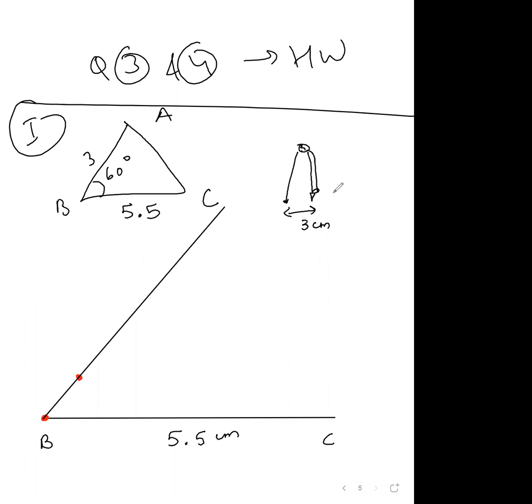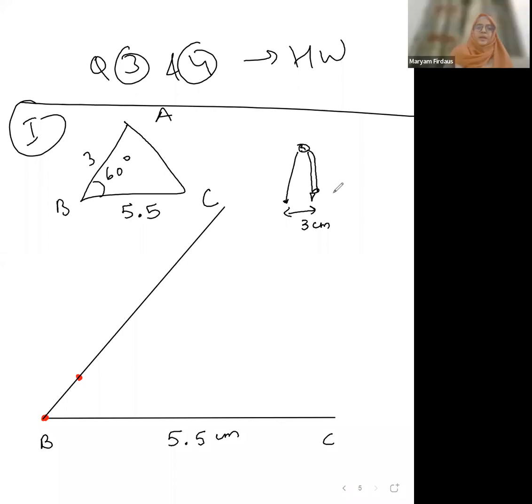Okay, I've done it. Okay. You take a 3 centimeters radius in your compass. ले लिया? Wait a second.